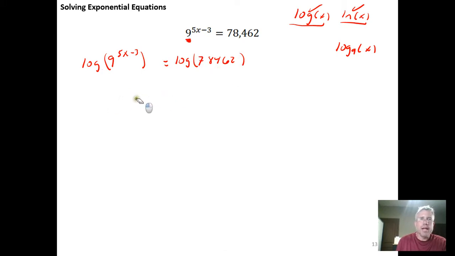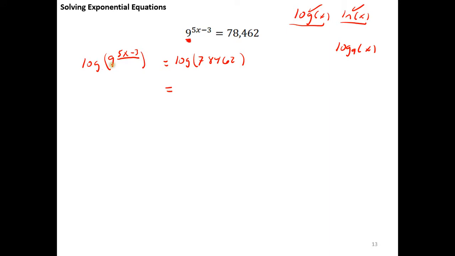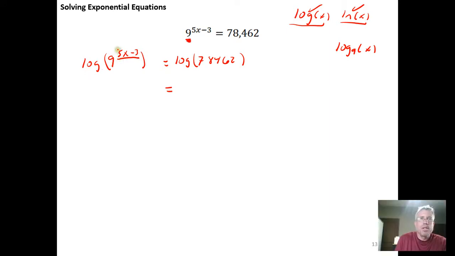And then when I do that, I can use the log properties. I can use the power property to note that I have an exponent on a base 9 inside a log function, and my exponent properties allow me to bring that exponent down in front of the logarithm as a product. So I can bring the 5x minus 3 down and multiply it by log of the base, which in this case is 9.